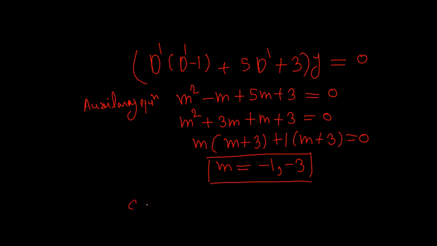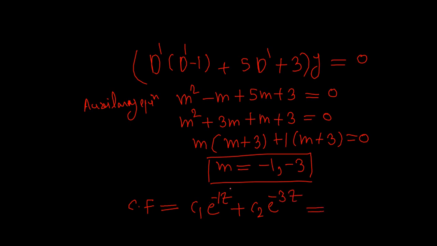So from here you will write the complementary function. If the roots are m1 and m2, you can write the complementary function as c1 e to the power m1 x plus c2 e to the power m2 x. Here we will write c1 e to the power minus 1 times z plus c2 e to the power minus 3 times z.